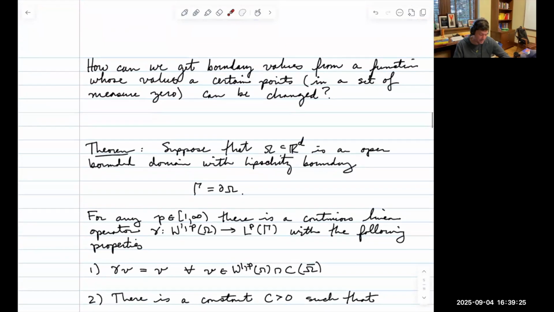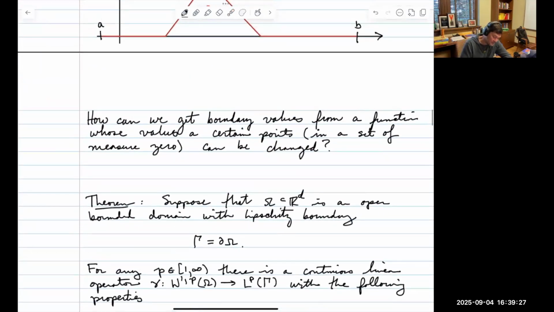Suppose that we're in two space dimensions. If I'm in two space dimensions, then this might be my omega. My boundary for omega is what I'm calling capital Gamma.